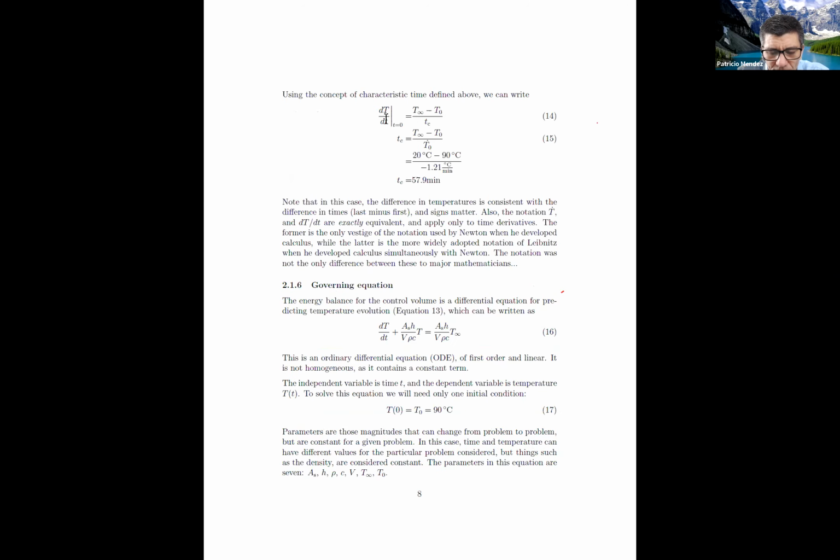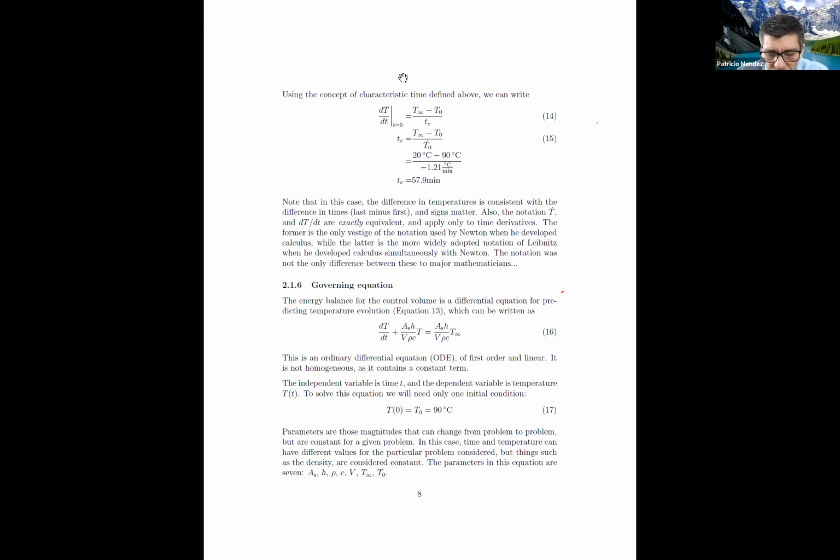We know that the slope would be T infinity minus T0, final temperature minus initial temperature, divided by TC, because that's the definition of the slope. And I can solve for the characteristic time and put in this cooling rate.